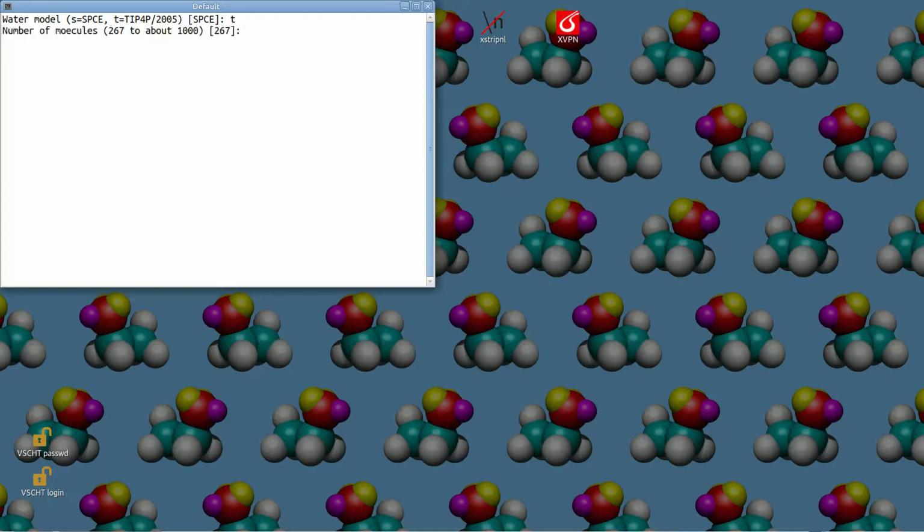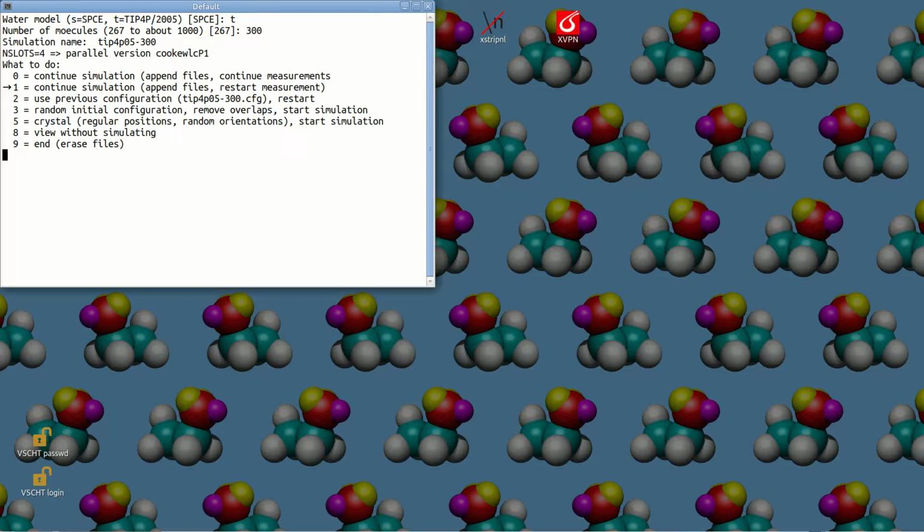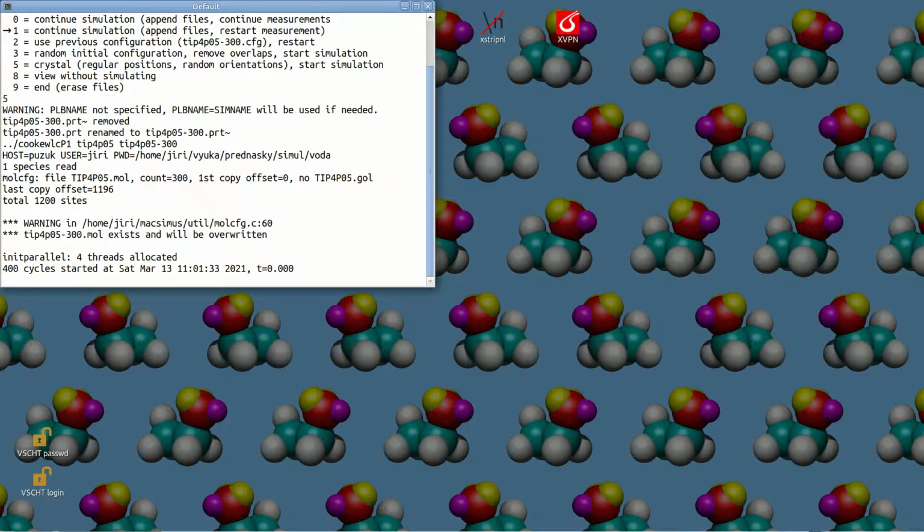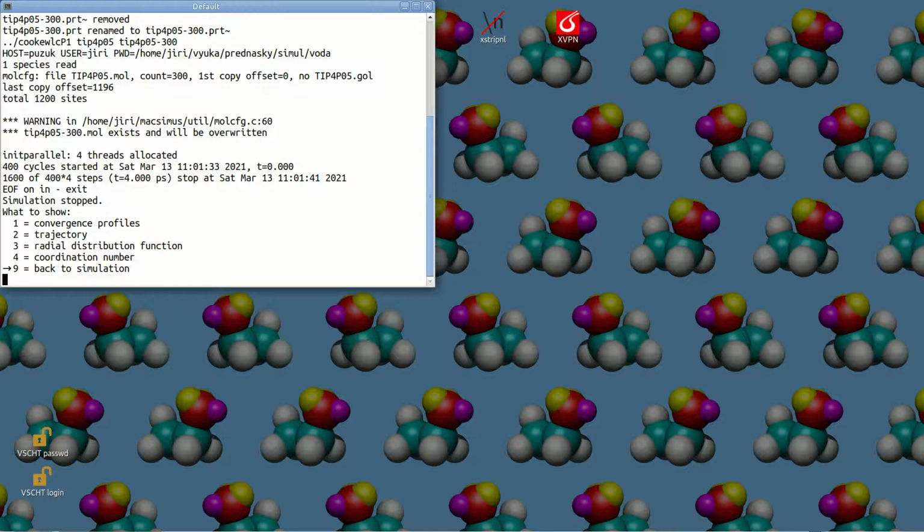It asks me for the number of molecules, so let us say 300. And let's start it from a crystal, because for TIP4P it's better. So a crystal-like configuration. Now it's running. My notebook has 4 processors, so there are 4 threads available. Actually there are 8, but then it doesn't speed up. That 4 is a practical maximum.